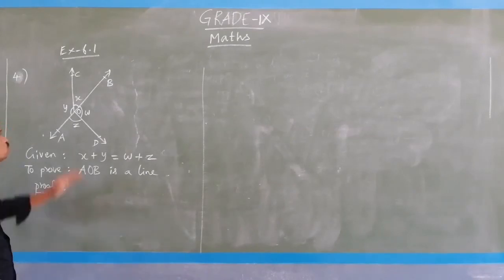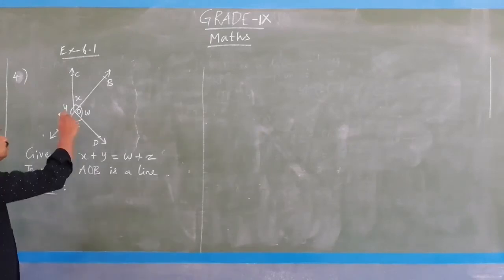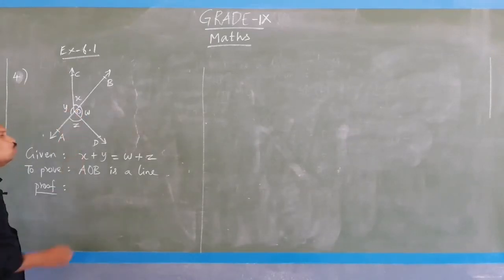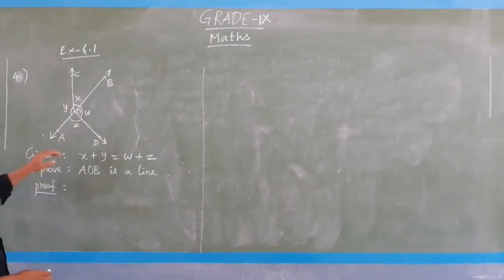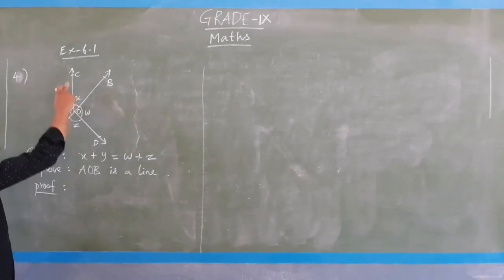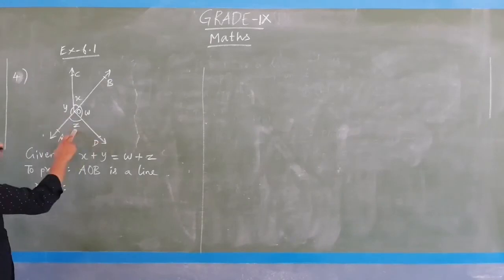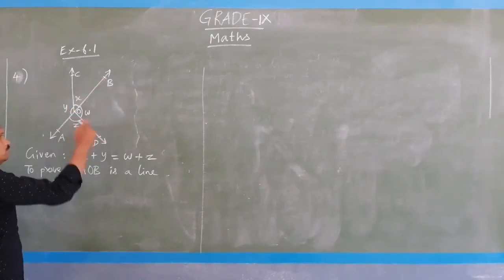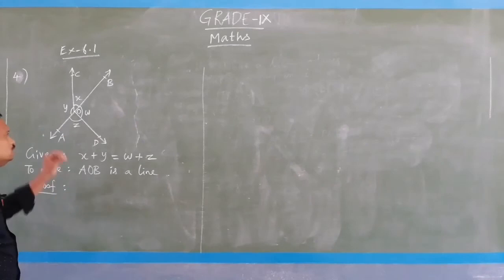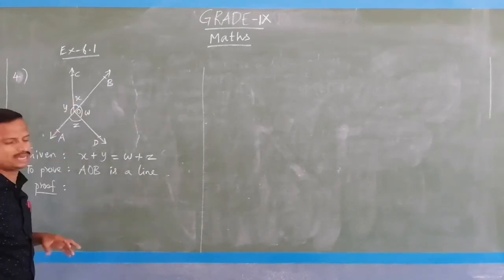OC this side and OD the other side. This point of contact is O. The angles formed by the rays: x and these two rays, y and these two rays, z, and OB and OD form angle w.